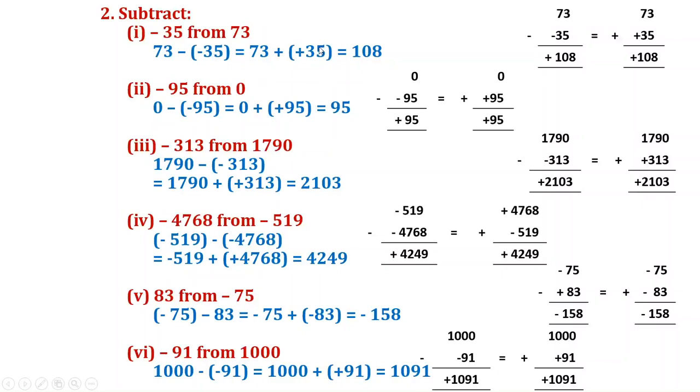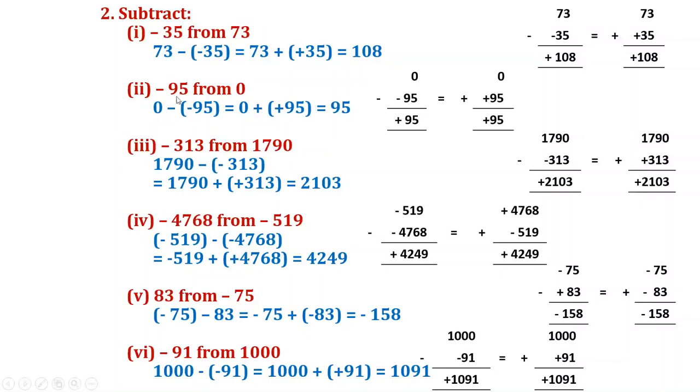Then you have to use the addition rules, depending upon the numbers, rule number 1 and rule number 2. For subtraction there is no rule, you just have to convert all the subtractions into additions first. Next you have to use the addition rules only. So all the subtractions you have to solve by using the addition rules only.